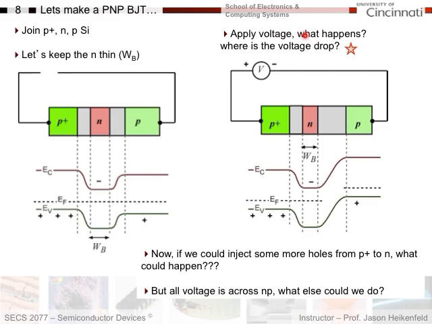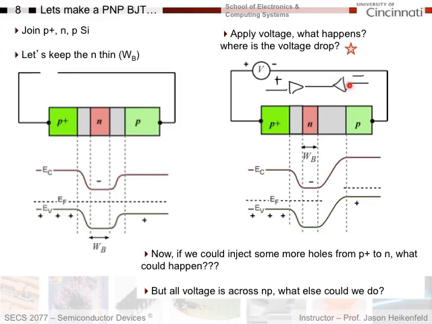Well, obviously, if I have a circuit here, and I've got a diode this way, and over here a diode this way, and I put positive voltage on this side, which I'm doing, and negative voltage here, then the positive voltage will forward bias this diode, but reverse bias this diode. And so all the voltage drop will be across the reverse bias diode because it has the larger resistance, right?